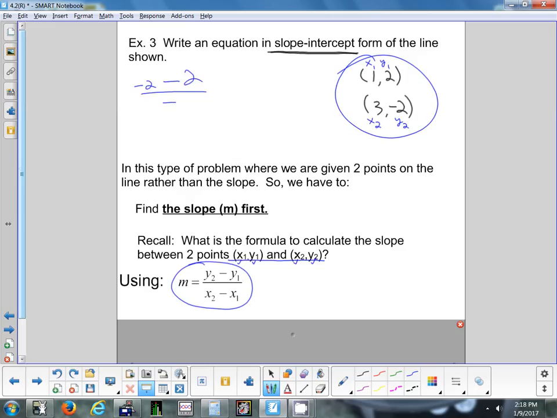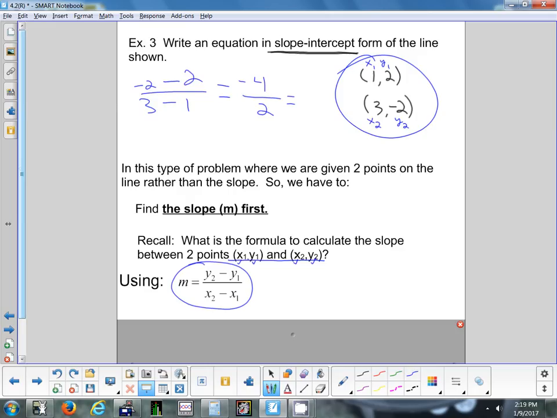What about x2? 3 minus, what's x1? 1. Okay, what's negative 2 take away 2? People had said 0, that would be negative 2 plus 2. This is negative 4. And what about 3 take away 1? 2.